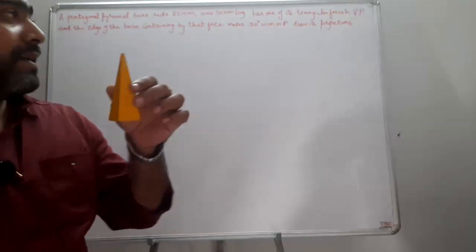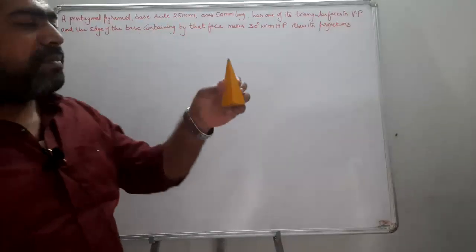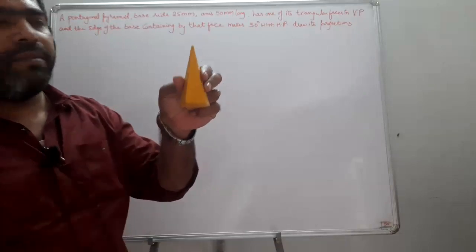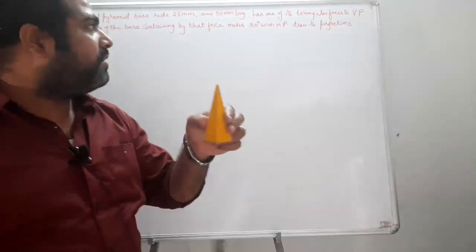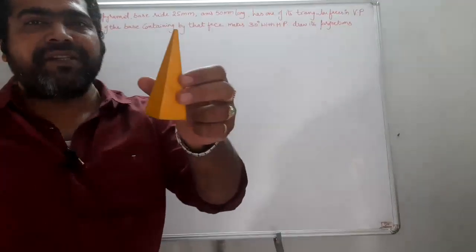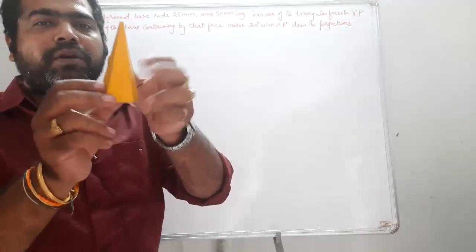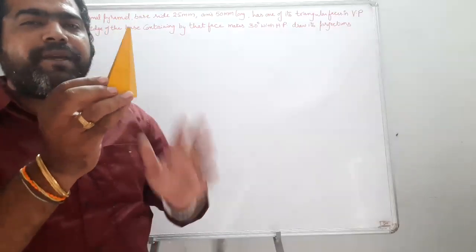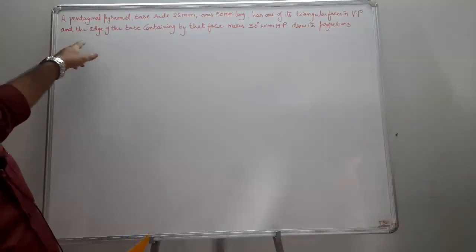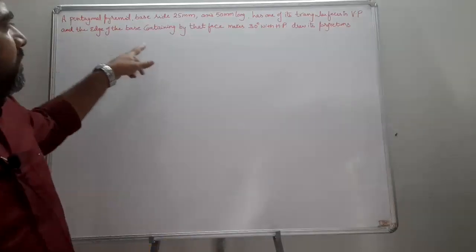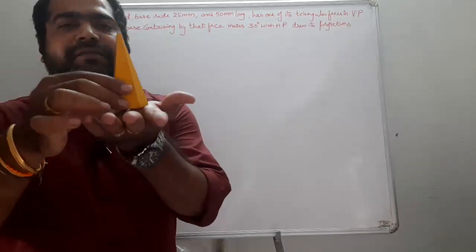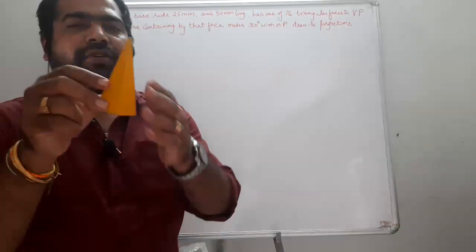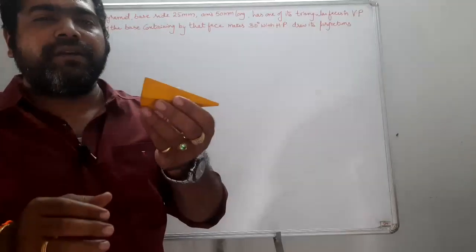Base side is 25 mm, axis 50, height of the axis is 50, has one of its triangular faces on VP. And the edge of the base containing that face, let us consider one of the triangular faces on VP.